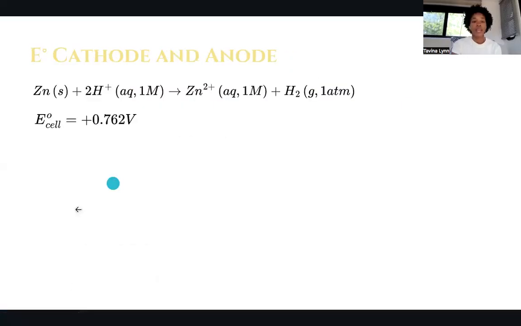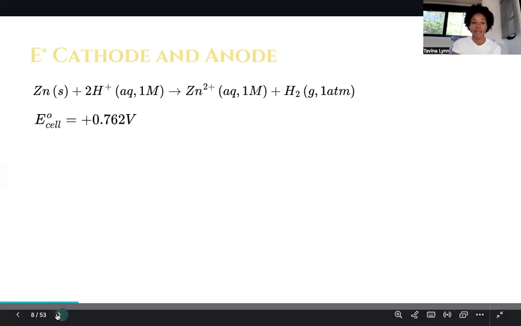So here's an example of a redox reaction that we could use in a galvanic cell. We have zinc being oxidized and we have H plus being reduced. The standard cell potential for this redox reaction was found to be positive 0.762 volts.